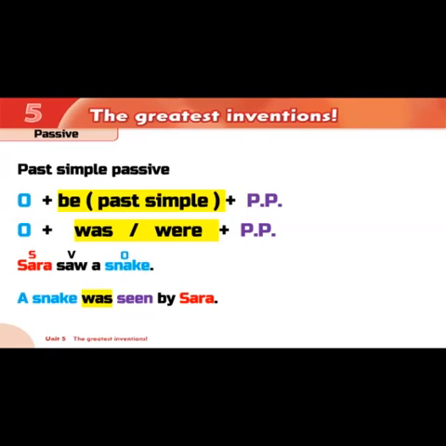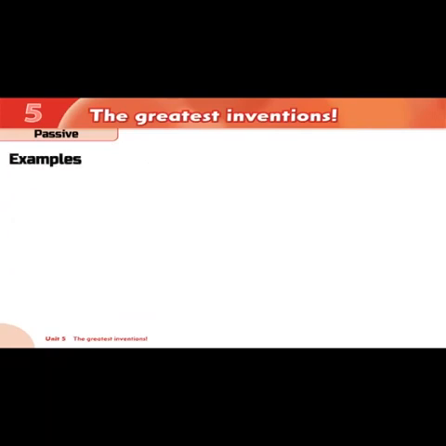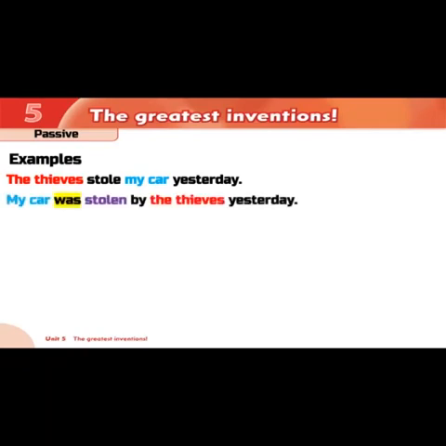Let's take another examples. The thieves stole my car yesterday. The thieves is the subject. Stole is the verb. My car is the object. It will be my car was stolen by the thieves yesterday.